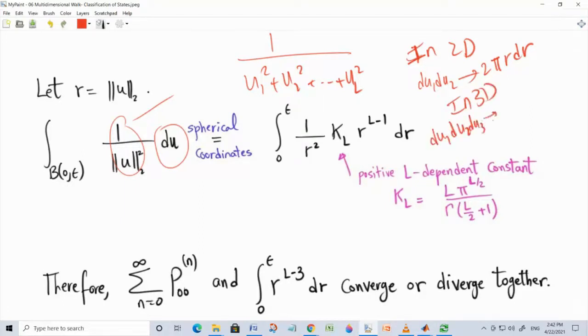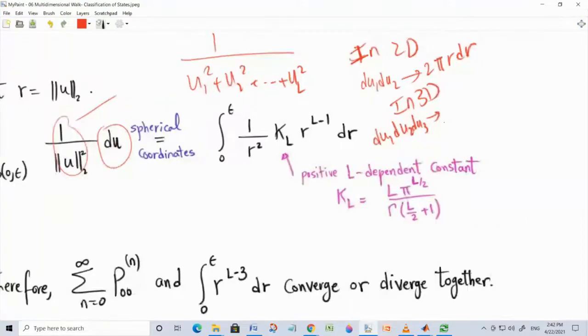du1, du2, du3, again, you may have done this in some course. If you want to convert to spherical coordinates, initially you will get r squared sine theta, d theta, d phi, dr. But then you find that what you are integrating does not depend on theta or phi.